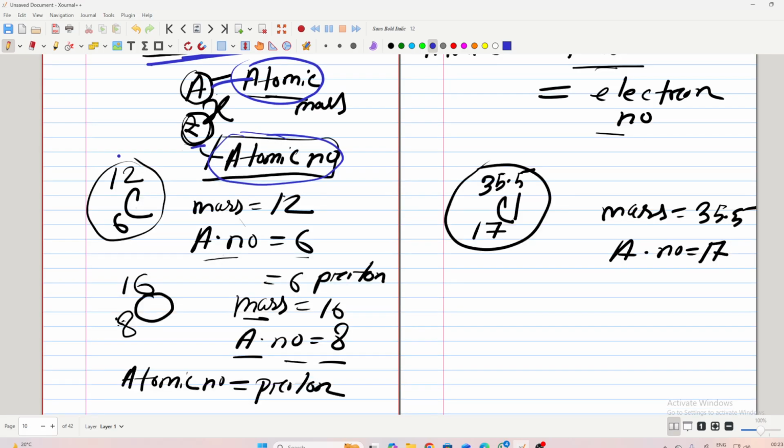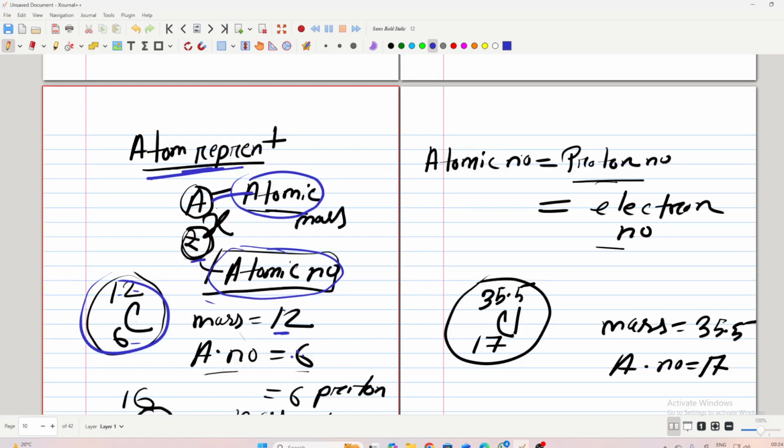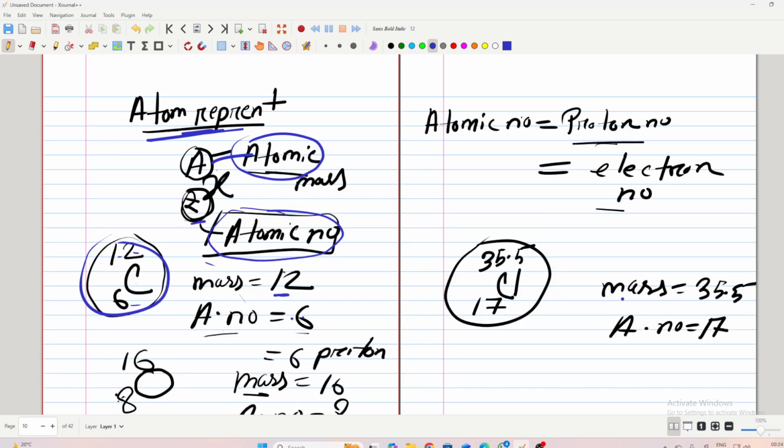If we take this, it has mass 12 and atomic number 6. So here the mass is written on the top, the atomic number is written under the symbol. Am I clear? As same, if this chlorine has mass 35.5, this number is written on the top and the atomic number is written under the symbol.